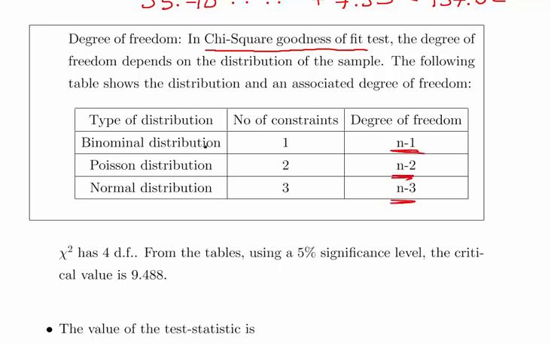There's a little bit of theory behind it, but we won't have to worry about that too much. It's not a theory exam, it's a practical question. Essentially, for binomial it would be n minus 1, Poisson would be n minus 2, and normal would be n minus 3.